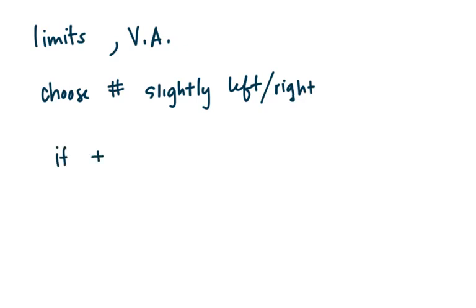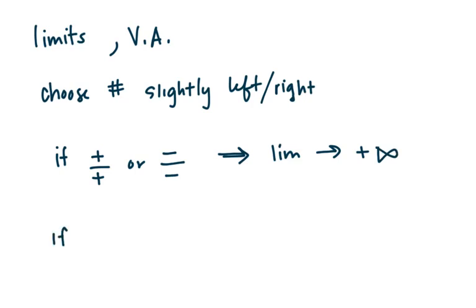If you get positive over positive or negative over negative, then the limit as x is approaching whatever your number value is is going to approach positive infinity. And if you end up with negative over positive, opposite signs, or positive over negative, then that limit is going to go to negative infinity.